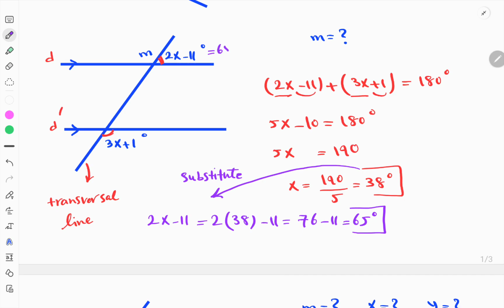So this part is 65 degrees, and in order to find the value of m, because m and 65 are two supplementary angles, you just need to subtract 65 from 180, which gives you 115 degrees, the answer of m.